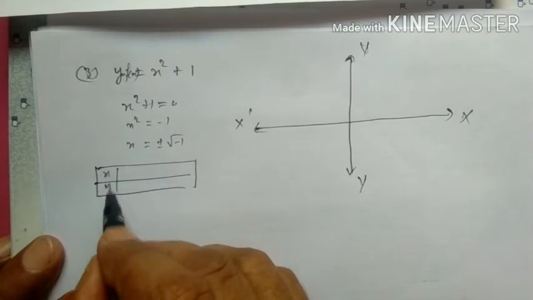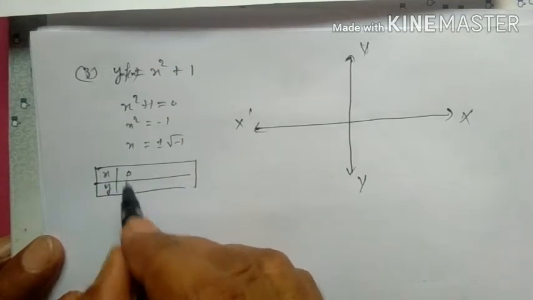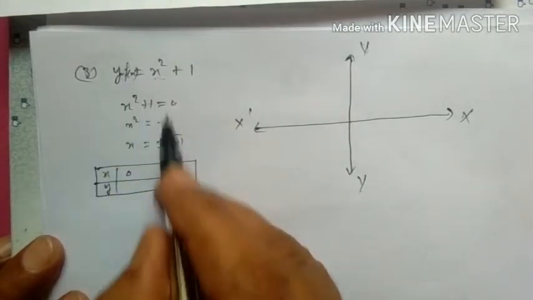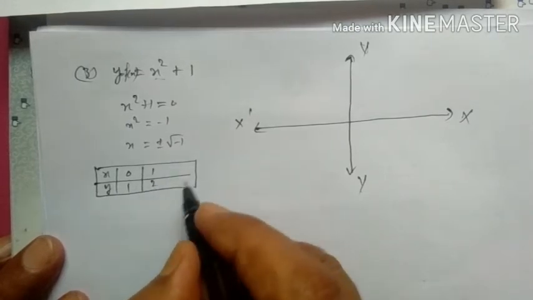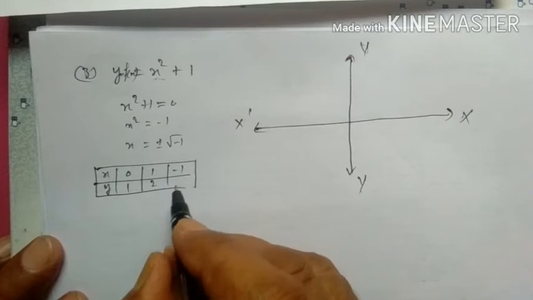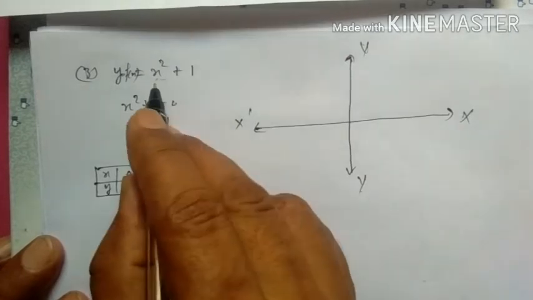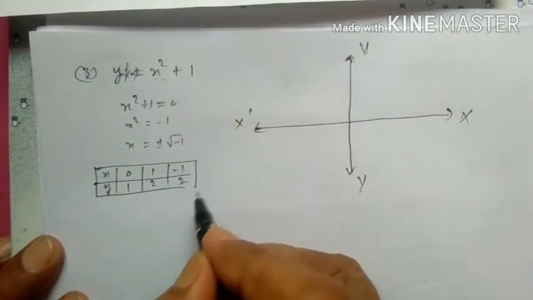Take some points x and y: x equal to 0, then y equal to 1; x equal to 1, y equal to 2; x equal to minus 1, then also 2.